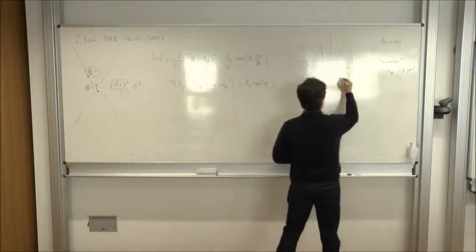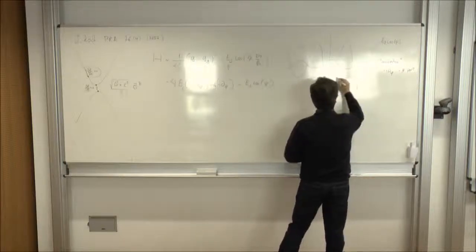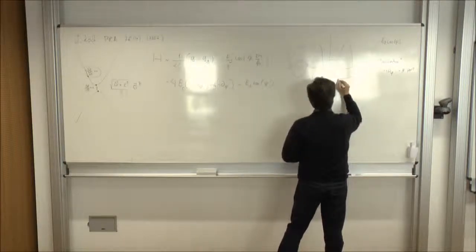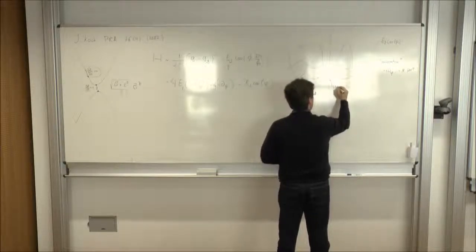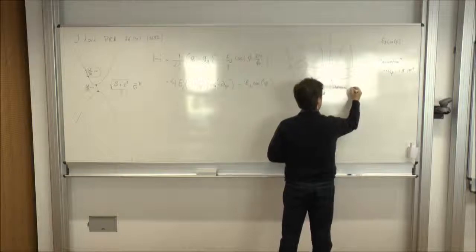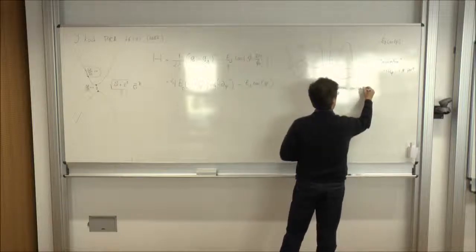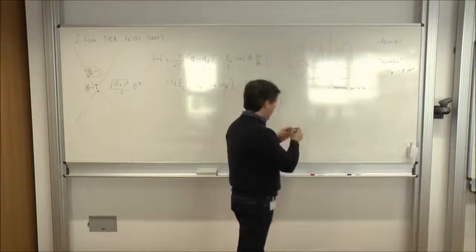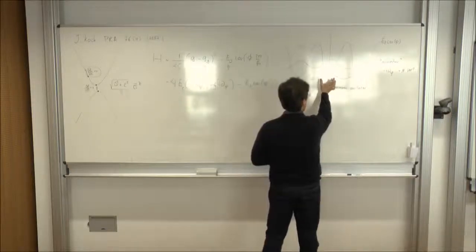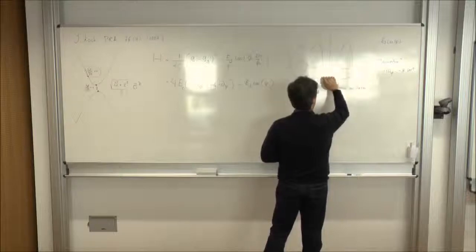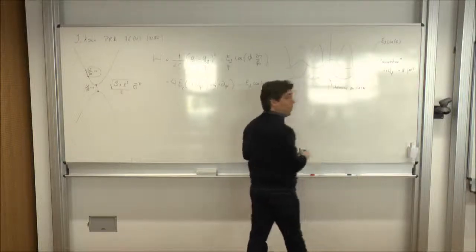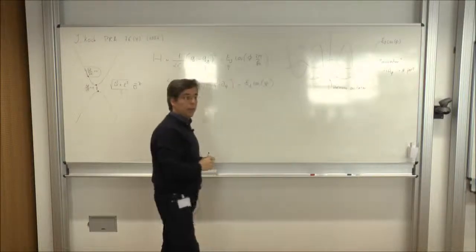The overlap between these wave functions is basically accounted for by the solution of the harmonic oscillator around this minima. So if we can make these harmonic oscillators tight enough, the overlap between different sites will be negligible, and the eigenstates of my system will be localized at the minima of this potential.